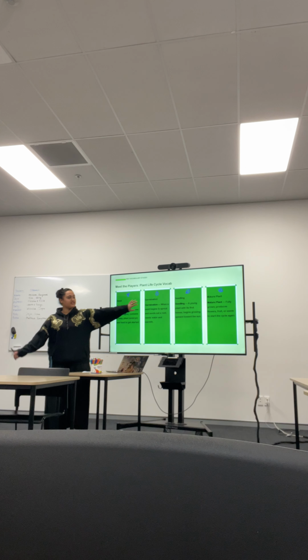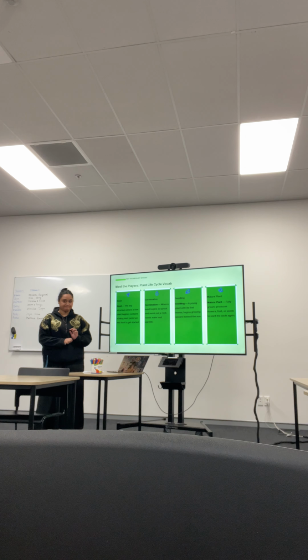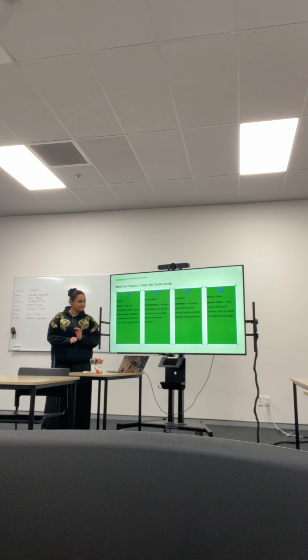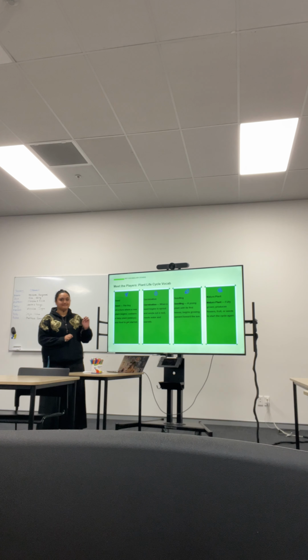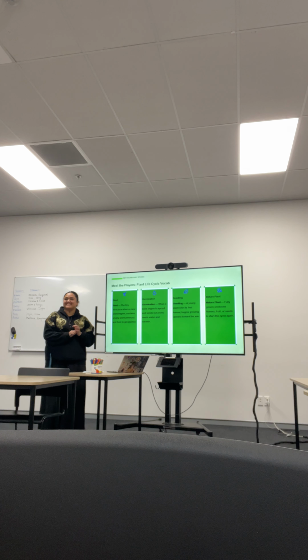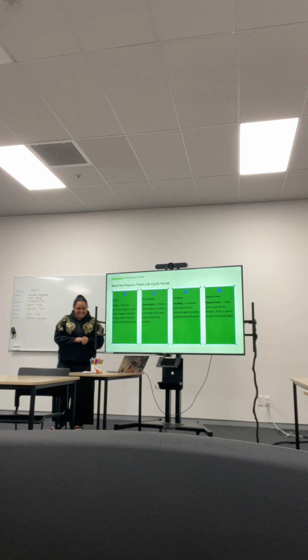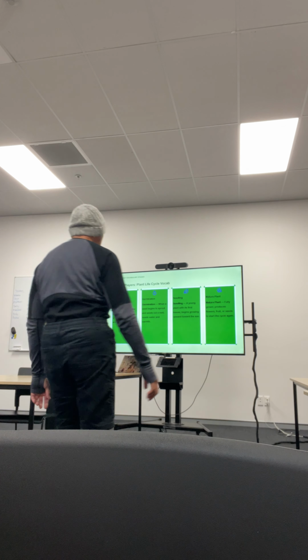Can I get Romo to do the next one? Germination. When a seed begins to sprout and sends out a root.